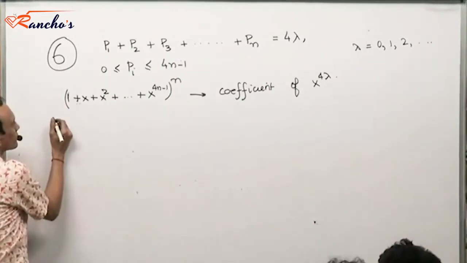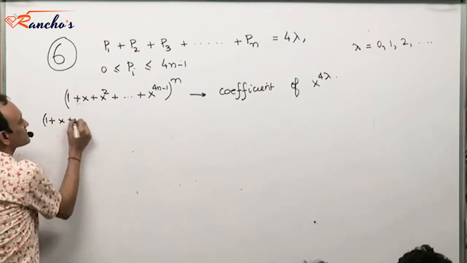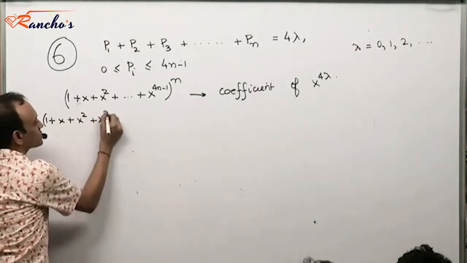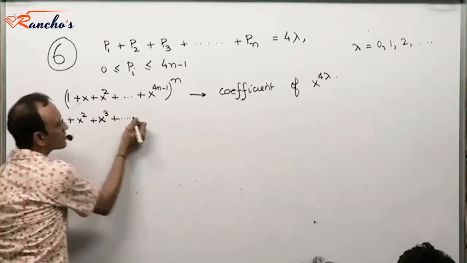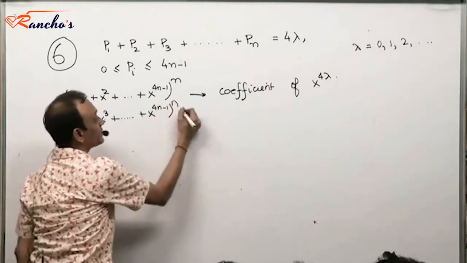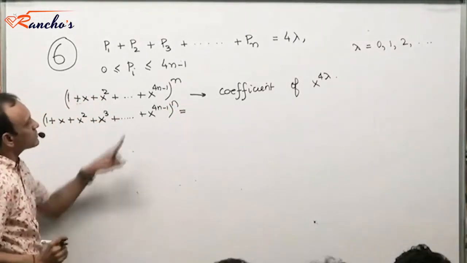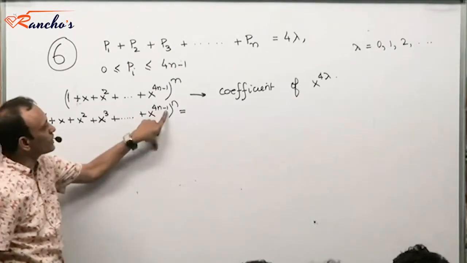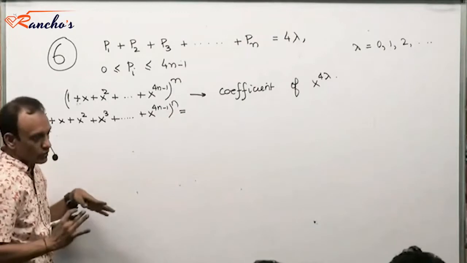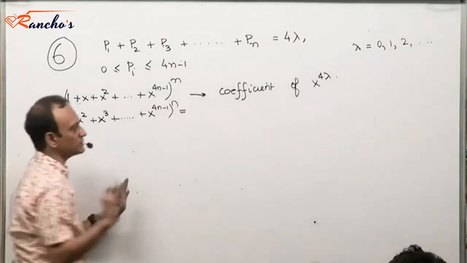Now, look, this polynomial, 1 plus x plus x squared plus up to x power 4n minus 1, whole to the power n. Realize that the highest power of x here would be 4n minus 1 into n. That will be the highest power of x, right? So let's look at it in a simpler manner.